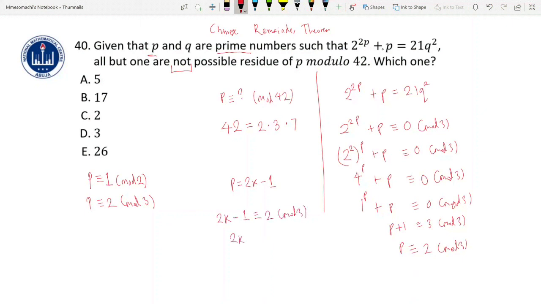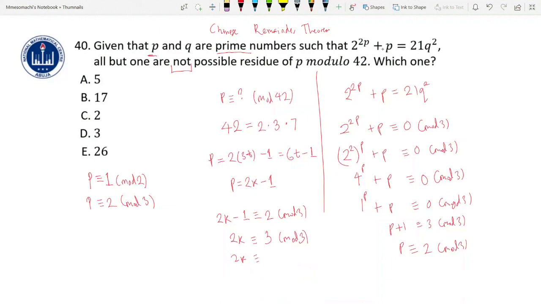This implies that 2k is congruent to 1 plus 2, which is 3, mod 3, so 2k is congruent to 0 mod 3, and so k is congruent to 0 mod 3. So we can set k equal to 3t for some integer t. So P equals 2 times 3t minus 1, which is 6t minus 1 for some integer t.